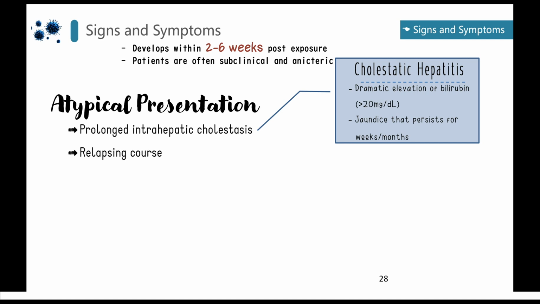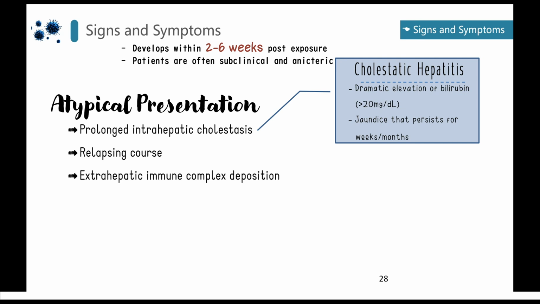With atypical presentation, this is a relapsing course. So when we say relapsing course, pwedeng magpabalik-balik. Kunyari, ngayon naka-recover na ang patient. And then later, after some time, magkakaroon na naman ng hepatitis. And with relapsing course, minsan, the relapse will manifest as more severe than the previous manifestation.